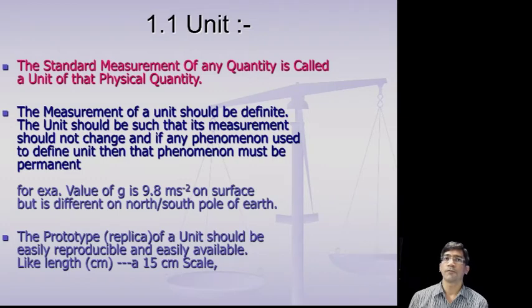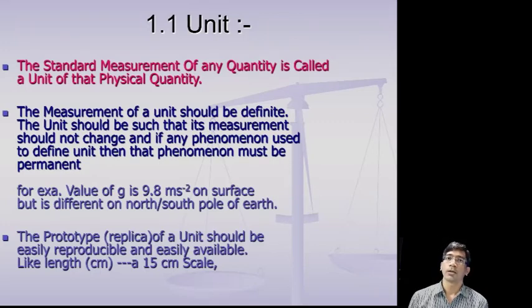But some phenomena take place around us in which some physical quantities get different values. So that phenomenon must be permanent. Suppose you take the gravitational acceleration of an object. Generally we know that g is equal to 9.8 meter per second square on the surface of the earth.